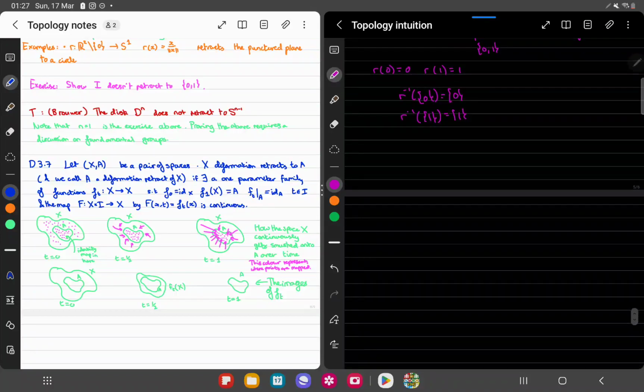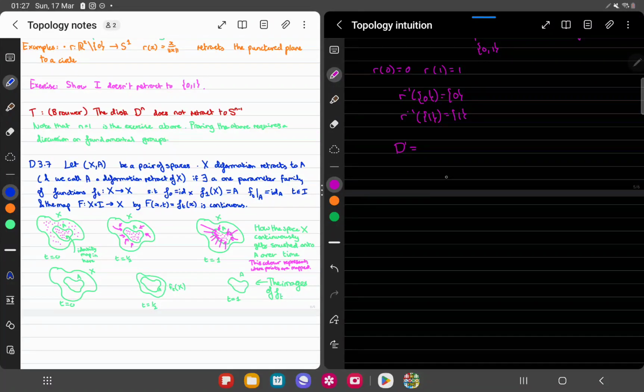Where can we go with this? There's a theorem by Brouwer that says that the n-disk does not retract to the (n-1)-sphere. If you plug in n equal to 1, that is literally the exercise above, because D1 is just the unit ball.